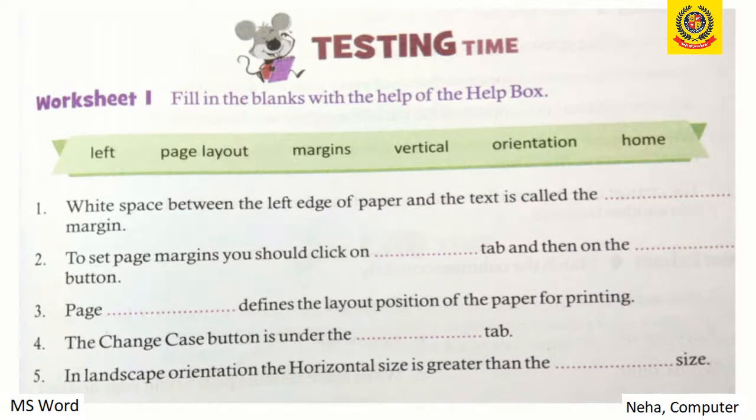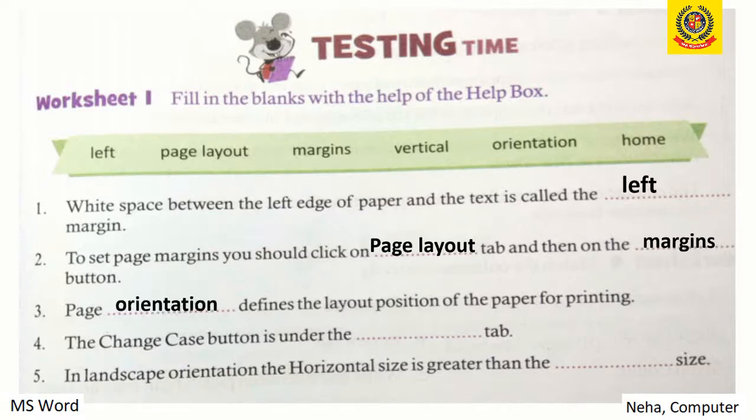Worksheet 1, fill in the blanks with the help of the help box. Now first one, white space between the left edge of the paper and the text is called the left margin. Second, to set page margins, you should click on the page layout tab and then on the margins button.